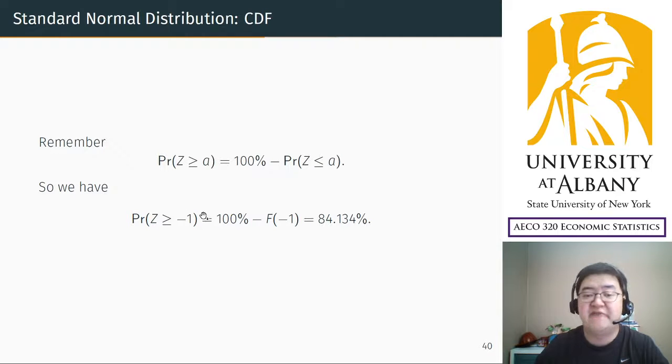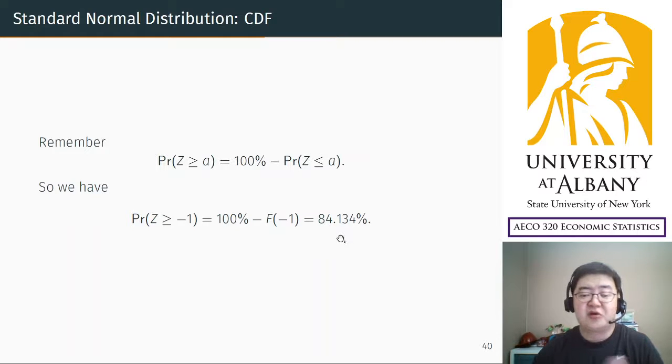To calculate this, even on Excel, you have to calculate this first and then take 100% minus that. And in the end, the answer is 84.134%. So from the cumulative probability, you can calculate the probability greater than a point.